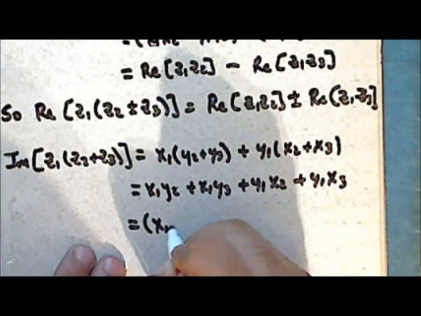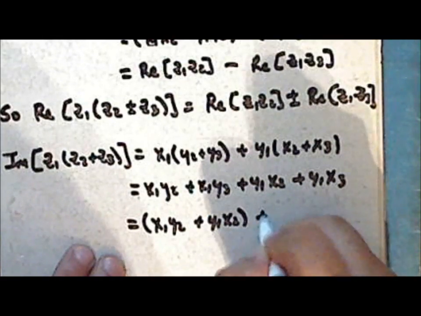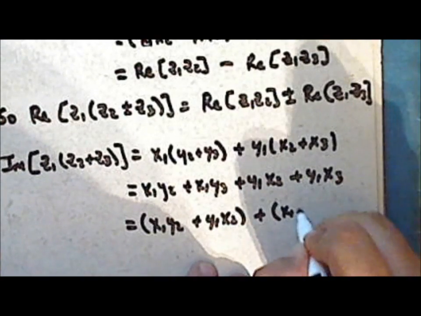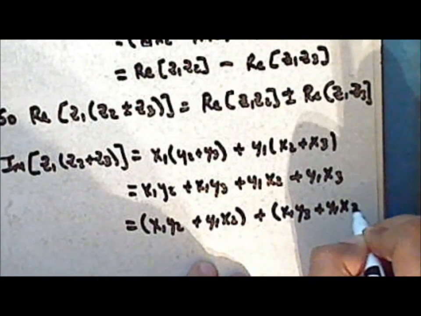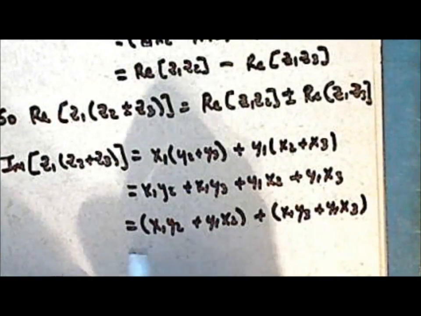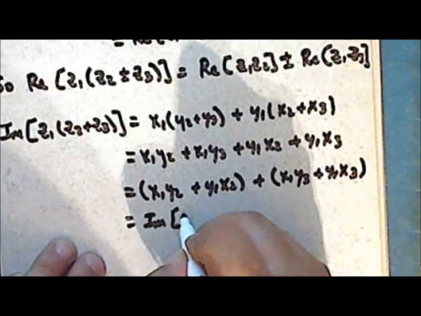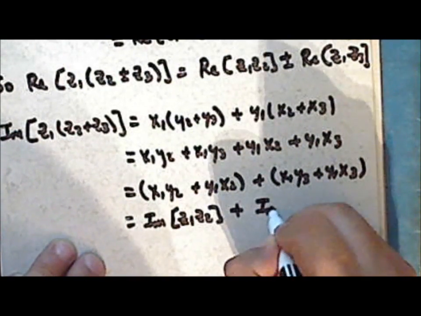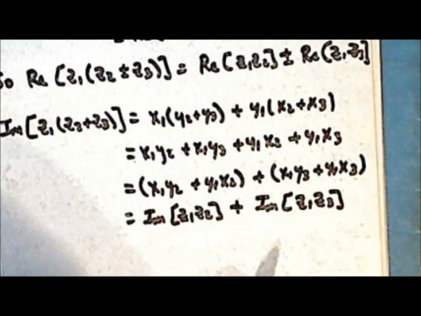Again, we will group them in the following way. We have the quantity x1 y2 plus y1 x2 in a sum with the quantity x1 y3 plus y1 x3. And so this is the sum of the imaginary part of the product of z1 and z2 with the imaginary part of the product of z1 and z3.